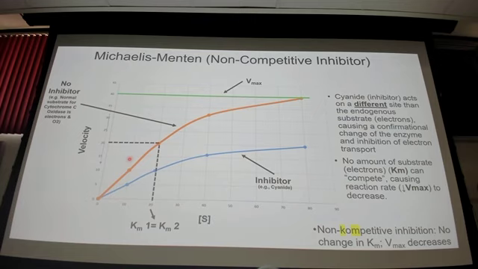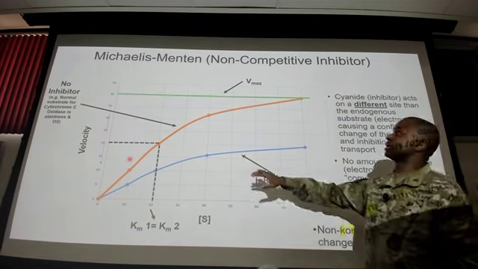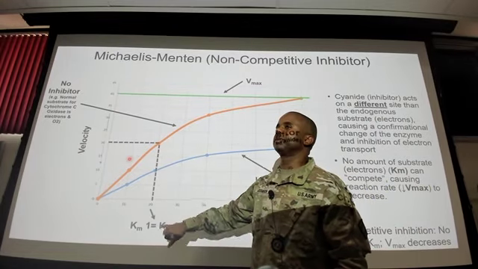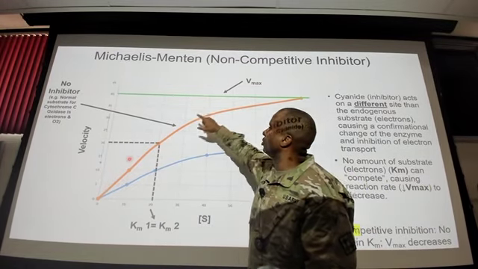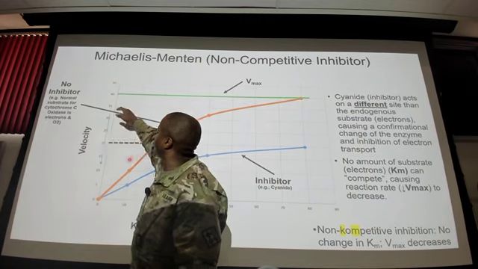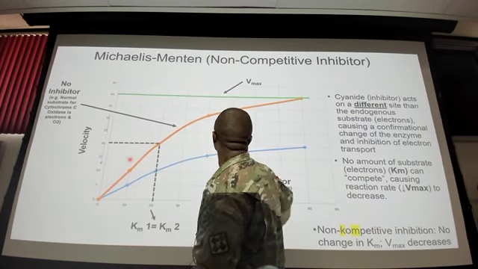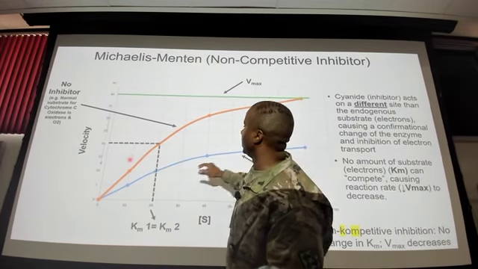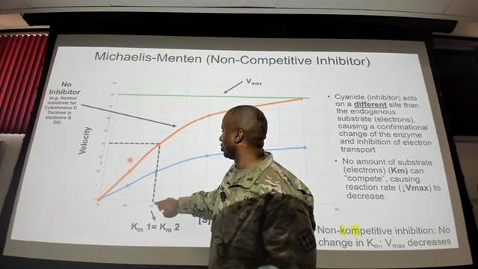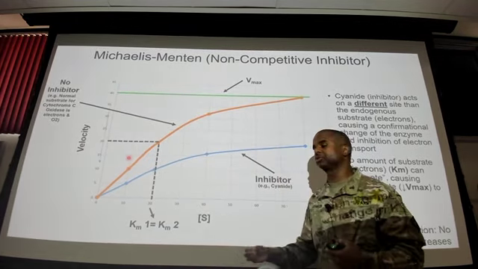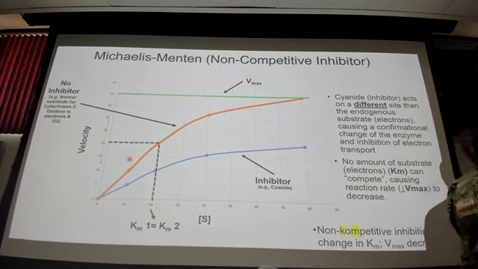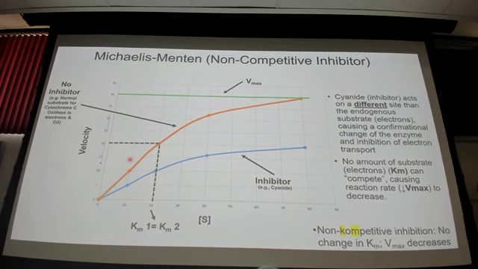So KM is half of the Vmax. Half of 40 is 20. Half of 20 is 10. So that KM is the substrate concentration at half of the Vmax. Does that make sense?